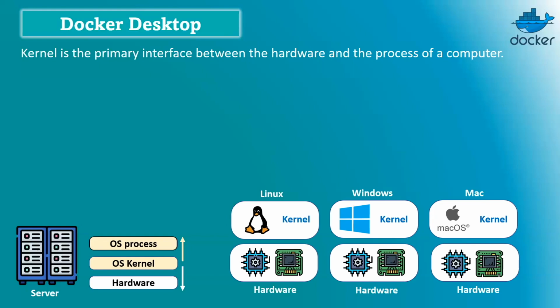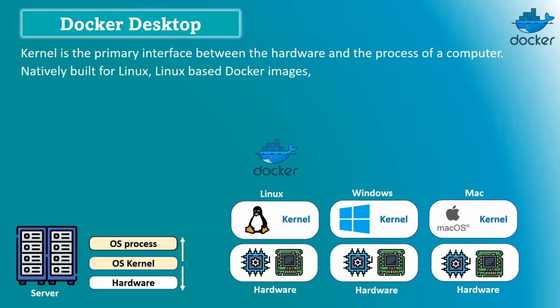Every operating system has its own specific kernel, and that is the reason you cannot use an installer file built for Windows to install software on Mac and vice versa. When Docker was originally created, it was natively built for Linux. Since you cannot run any Linux-based application on Mac or Windows because of the OS kernel, Docker was not initially compatible with Windows and Mac.